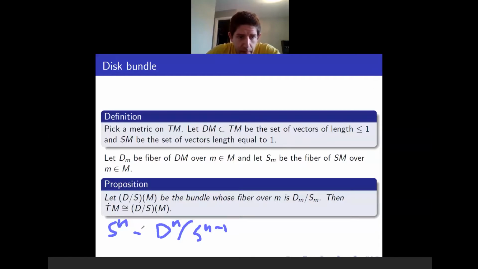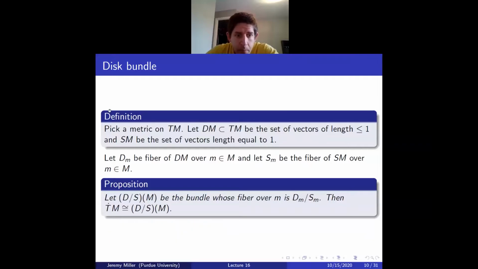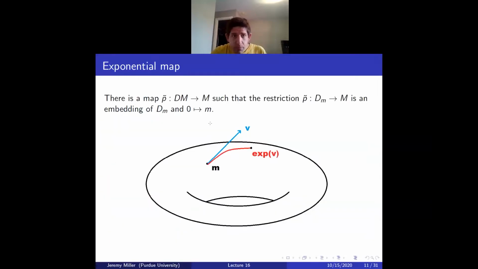But this is homeomorphic to S^n, and you can make this identification continuous over M. Okay. And so a while ago we talked about using the exponential map to show that there's this map that I'm going to call P tilde.